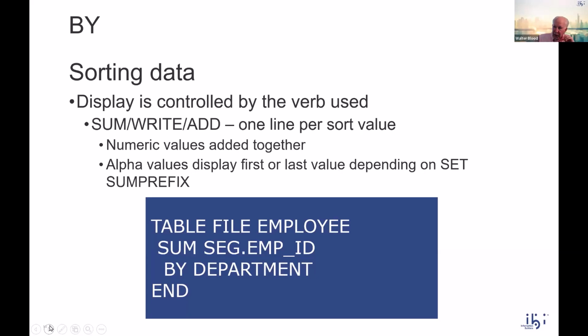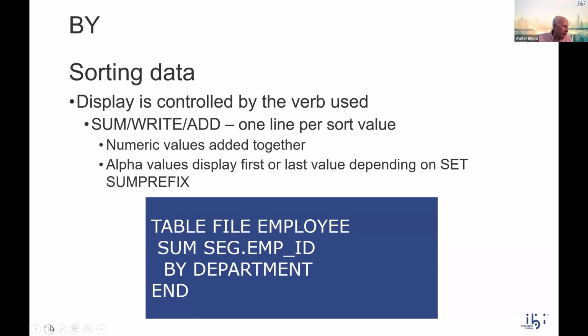If the field is alpha, we will show the first or the last value depending upon your set sum prefix value. The set sum prefix defaults to last. So typically we would take the last alpha value and show that in a sum. You can set it to first if you want. It's entirely up to you.